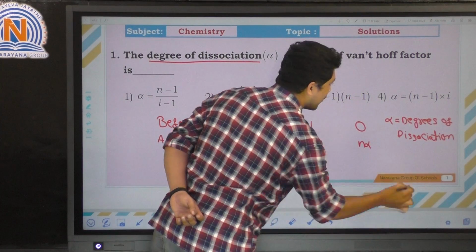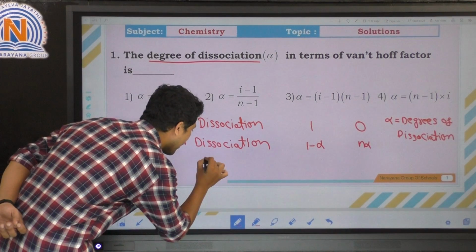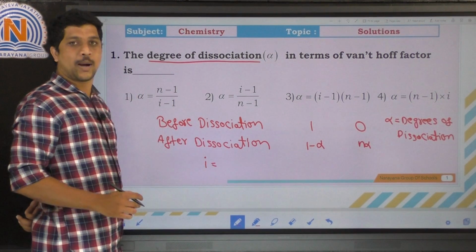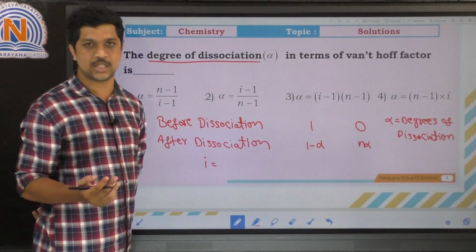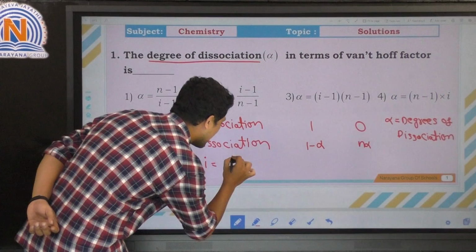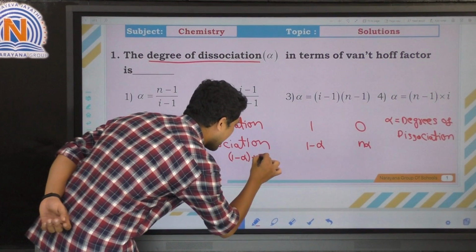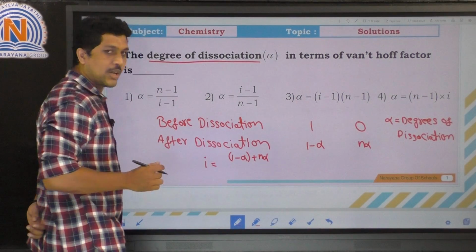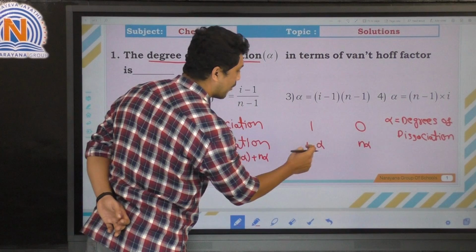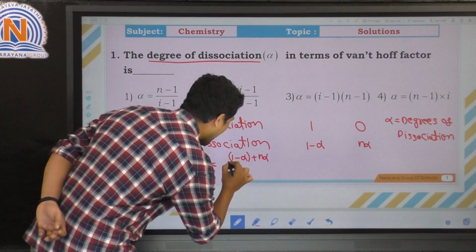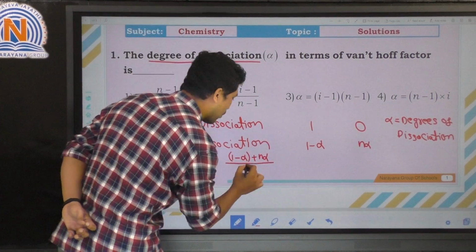Right? Now calculate the van't Hoff factor. What is the van't Hoff factor? I equals the total number of particles after dissociation, that is 1 minus alpha plus n alpha, divided by the total number of particles before dissociation, that is 1.